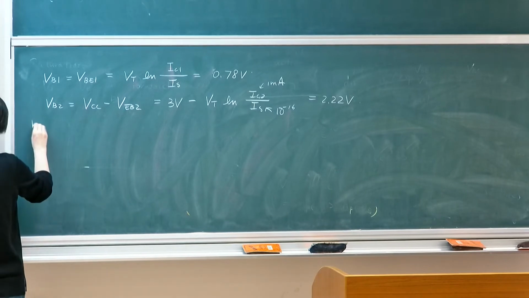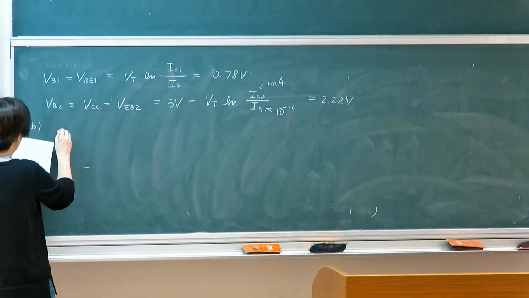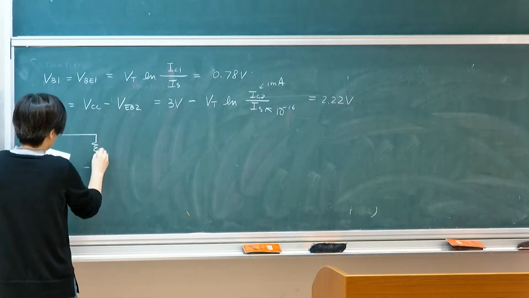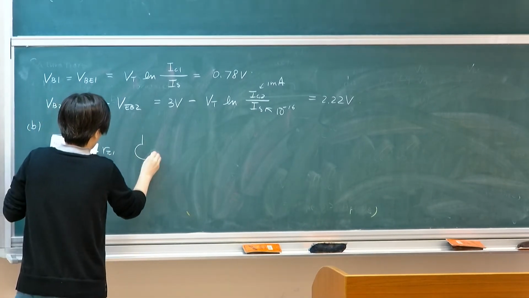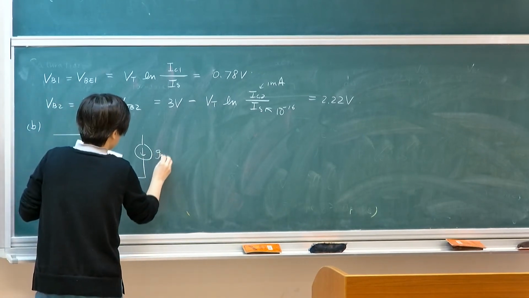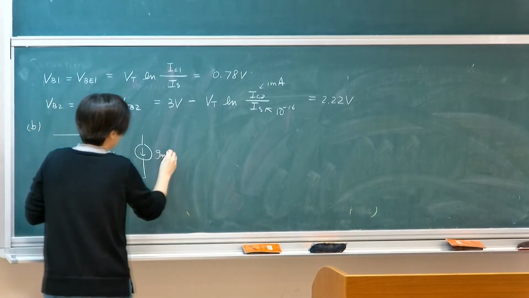The second part is a little bit more complicated. When we want to do the small signal analysis, we need to construct the small signal equivalent circuit. So let me draw the whole circuit. There are 2 transistors, so it's somewhat more complicated. But let's first draw Q1. So there's R pi 1 and GM V pi.